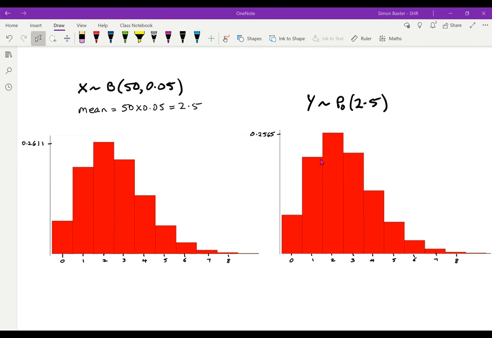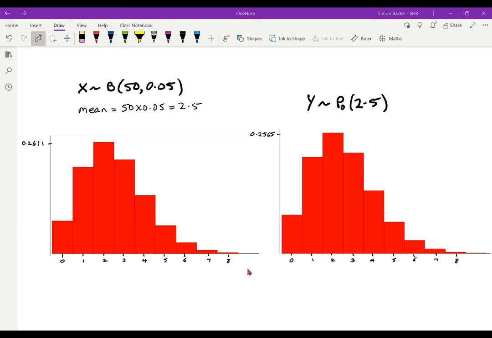Not quite the same; there's a slight difference there, and a bigger difference there, but very similar. Both die out round about 8. So the Poisson distribution with a mean of 2.5 would be a good approximation for the binomial distribution with n equals 50 and p equals 0.05.